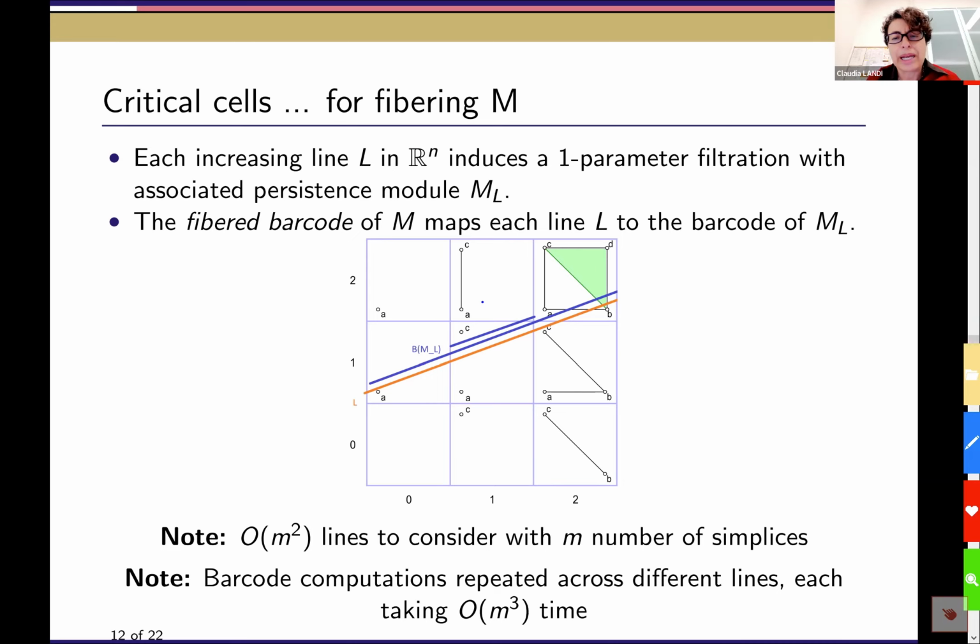And this is a way for visualizing the persistence module, but of course the drawback is that there are m² lines to consider, where m is the number of simplices, and when we want to compute this fibered barcode, we need to recompute persistence for every line. So we perform the same computations and reductions many times.